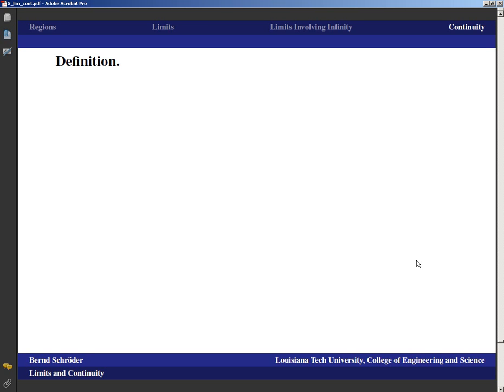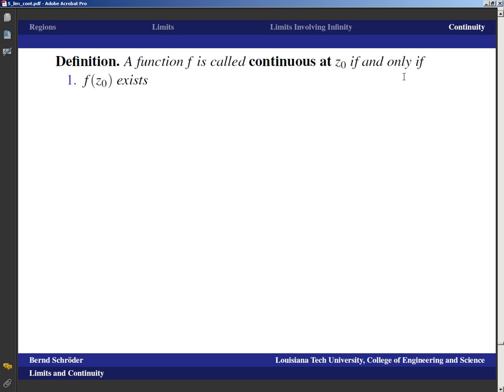So continuity. A function f is called continuous at z0 if and only if f of z0 exists, and the limit as z goes to z0 of f of z exists, and the limit as z goes to z0 of f of z equals f of z0.